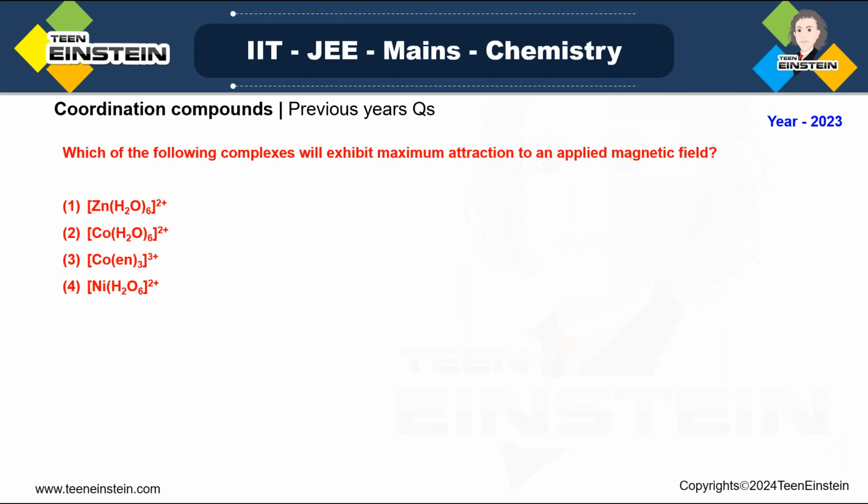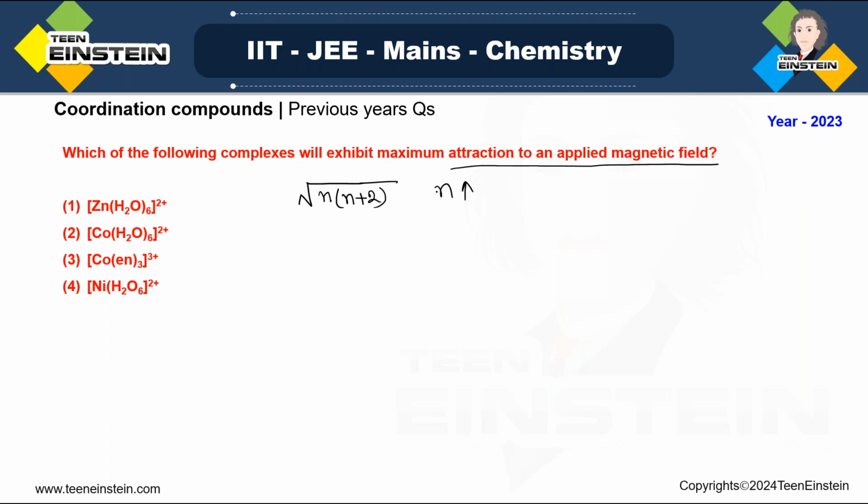Next question. Which of the following complexes will exhibit maximum attraction to an applied field? Now the question is basically asking in which case there will be the maximum number of unpaired electrons, because when the number of unpaired electrons is maximum, then the spin only magnetic moment which we calculate from this formula will also be high, because when n increases, the spin only magnetic moment also increases, and that means maximum attraction to an applied magnetic field, right?